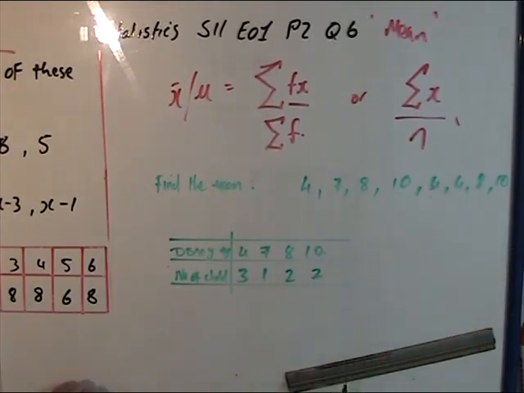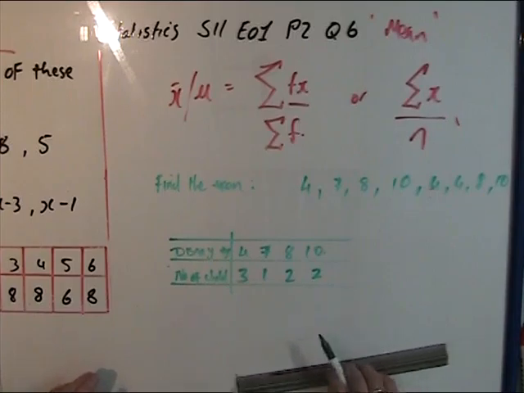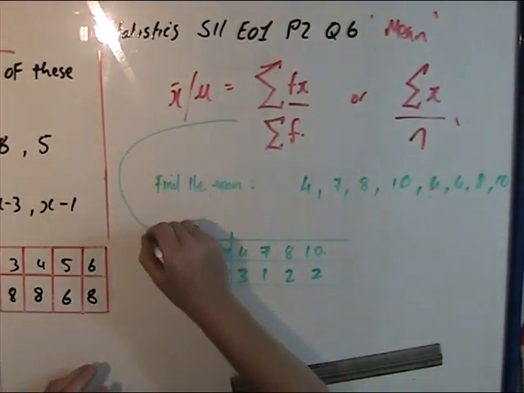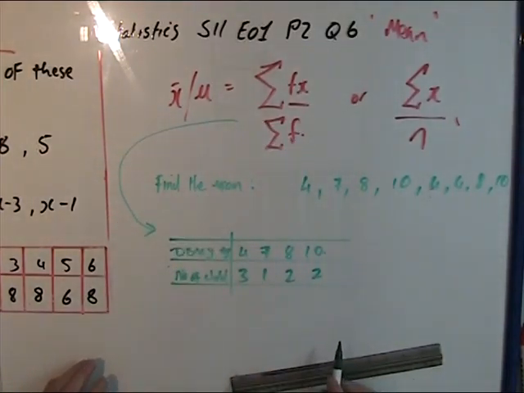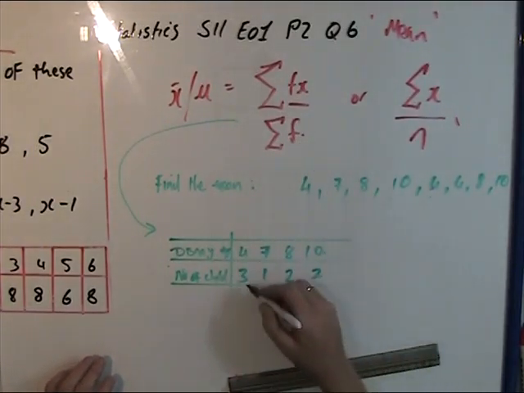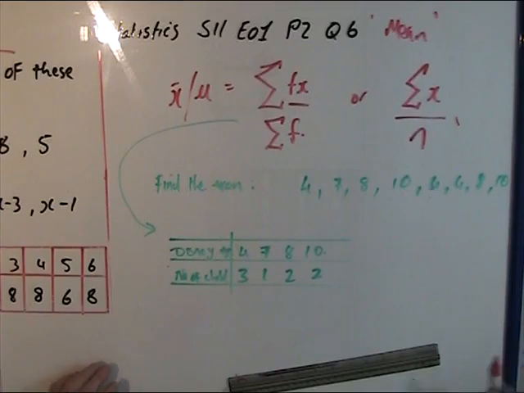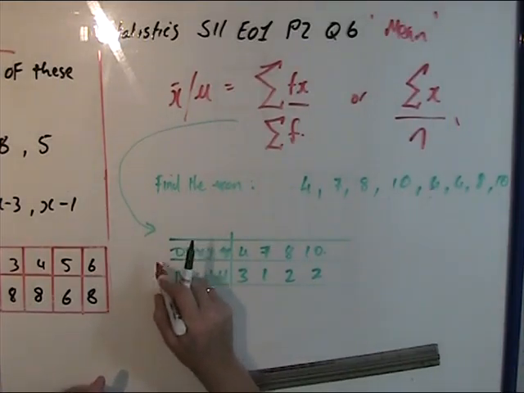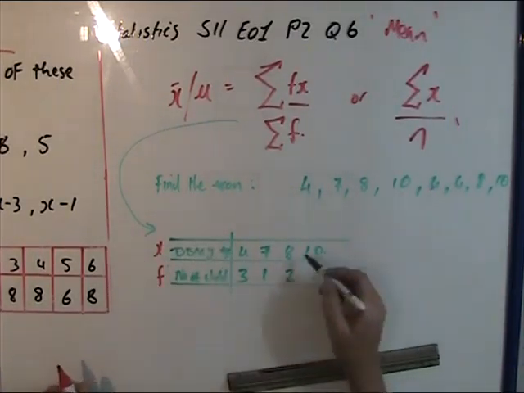So how do I calculate the mean in this case? I'm going to use this formula: the sum of f times x, where this is f and this is x, and these are your values.